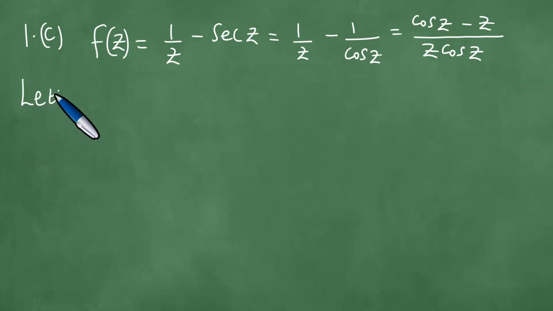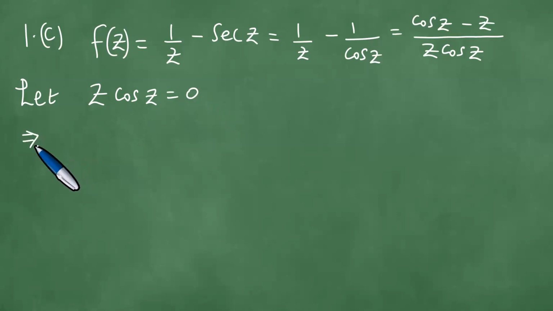So what we do, we let z cosine z be 0 for the points of discontinuity. And this means z is 0 or cosine z is 0.